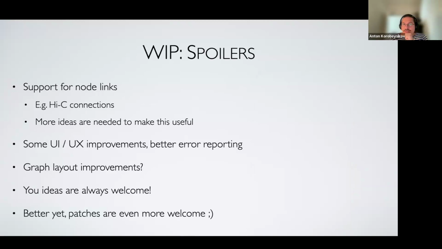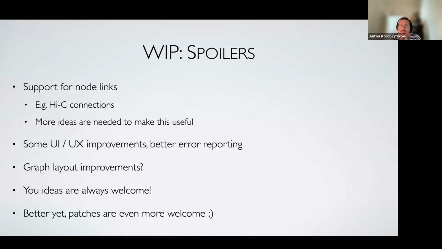There are a few things that are currently, I would say, work in progress. Here's a spoiler, or teaser. First of all, there are some ideas on how we can support additional node links. Think about Hi-C or telomere connections.